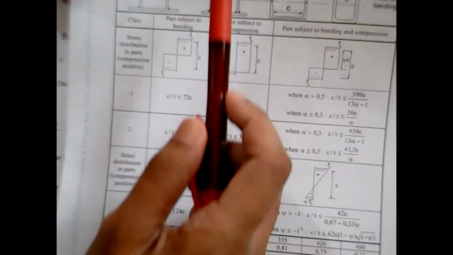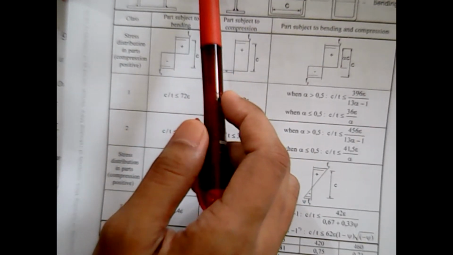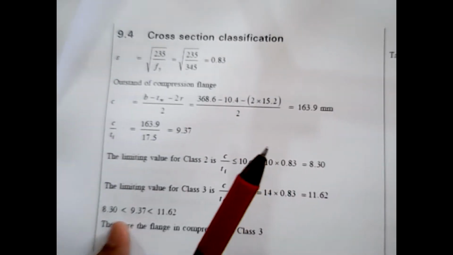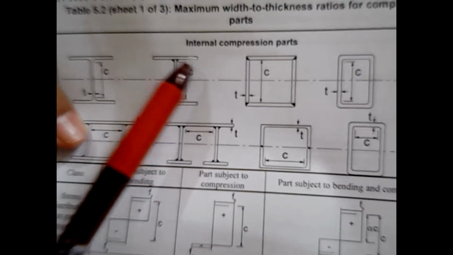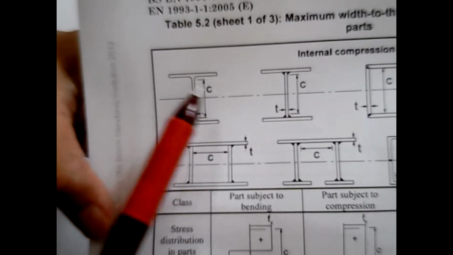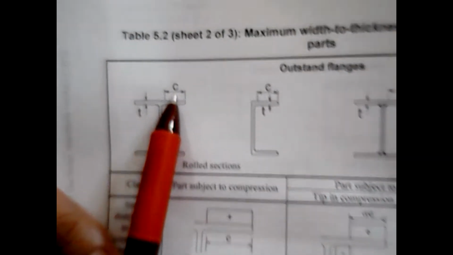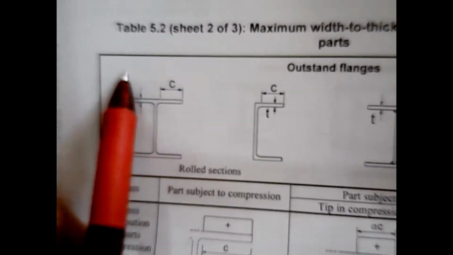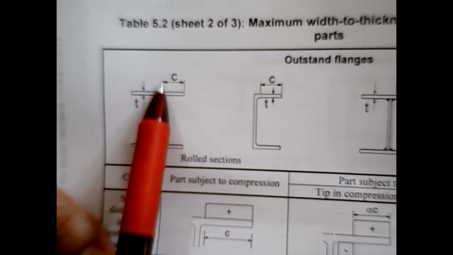Here is the c value, for the outstand of the web and internal compression parts. For the outstand flange, c is equivalent to (b minus tw minus 2 root radius) over 2, so you can get this c value.